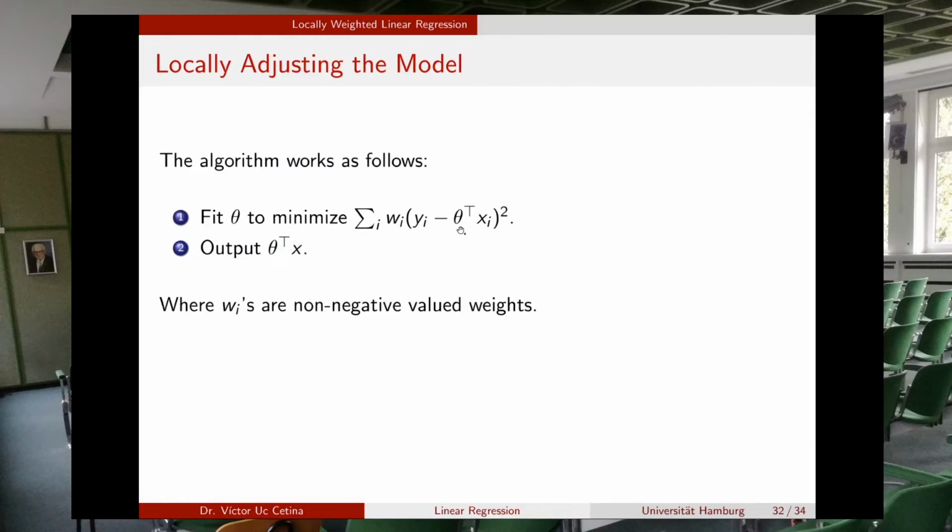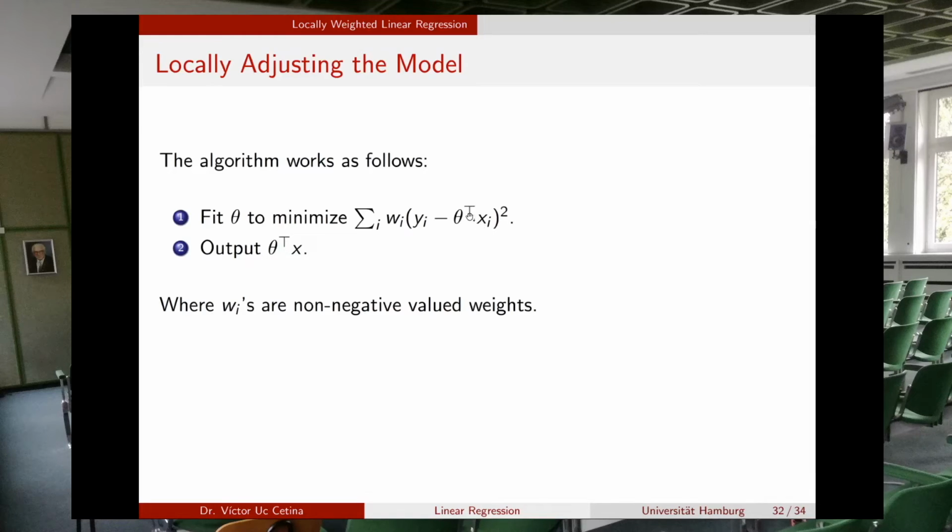And if you see here, you have exactly the J cost function, but with a slight change here, that is this W. This W you can see simply as a distance measurement of how close the point that you want to evaluate is to each of the points in your data set.